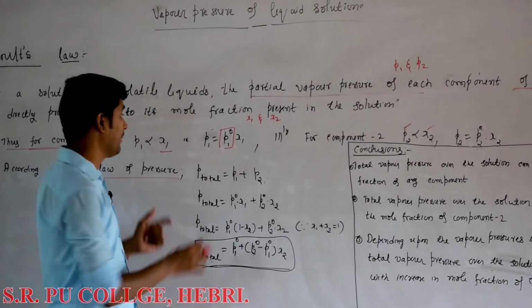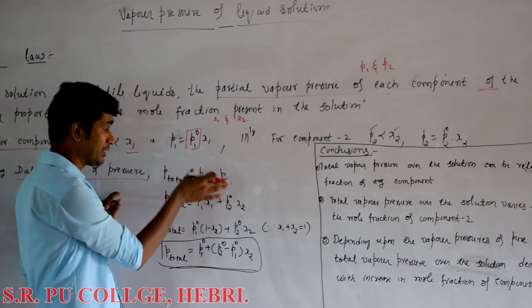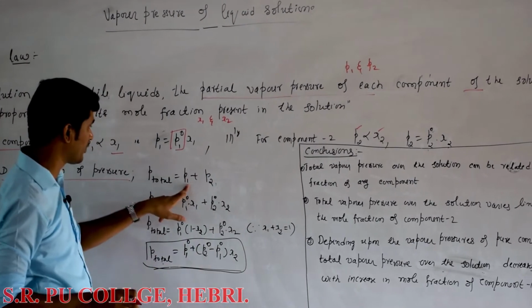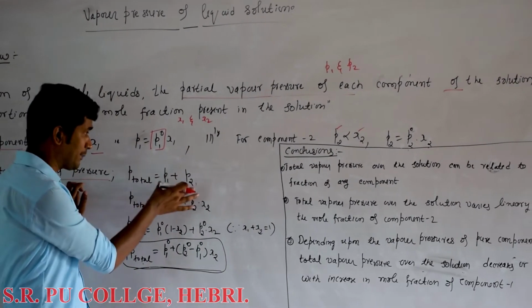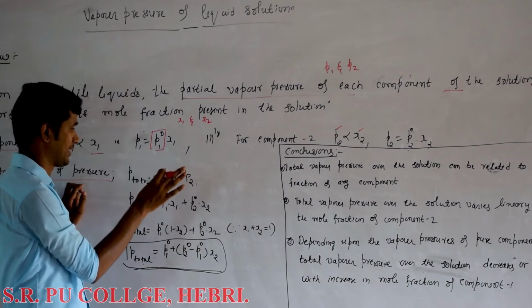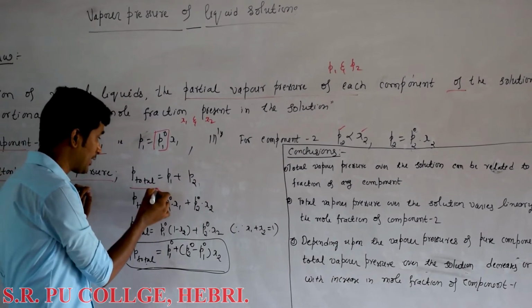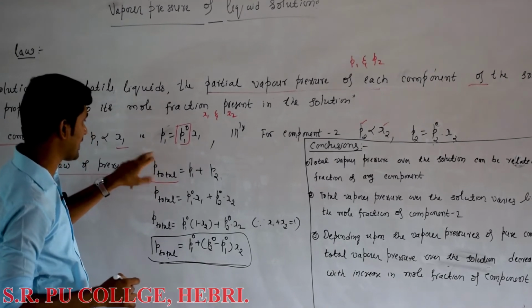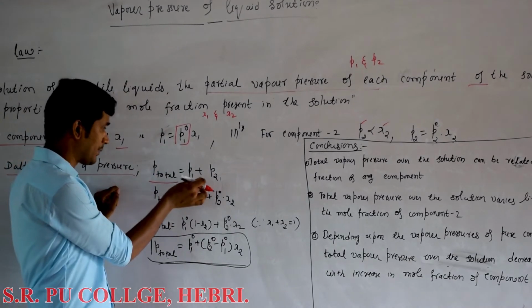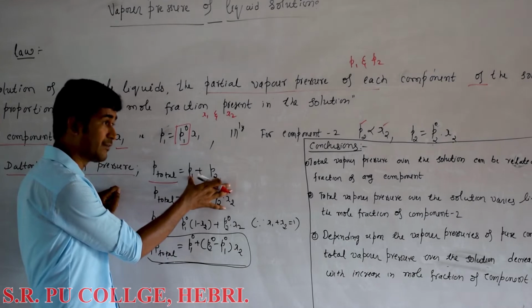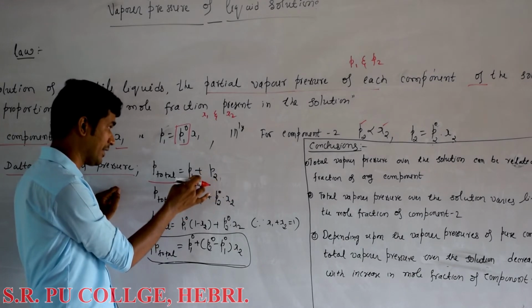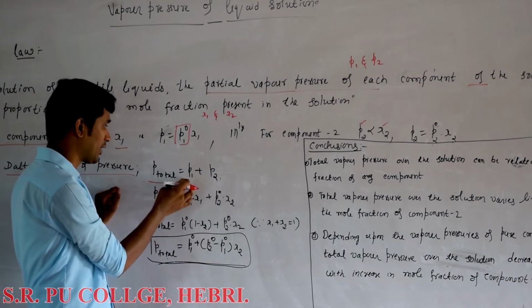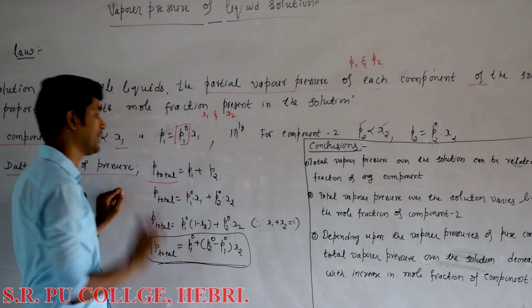The total pressure exerted by the two components is equal to the sum of the partial pressures of the individual components, that is P1 and P2. P total is equal to P1 plus P2.